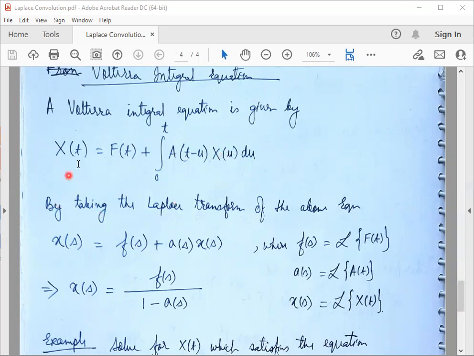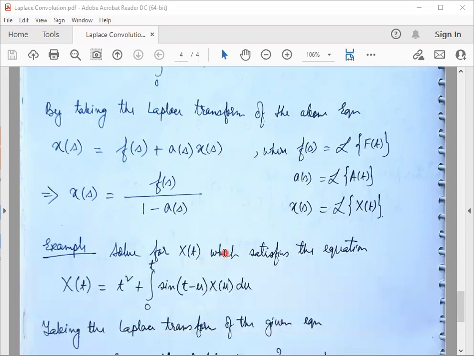So if I take the Laplace transform of both sides, the Laplace transform of capital X is small x. The Laplace transform of capital F is small f. And the Laplace transform of the convolution of two functions is nothing but the product of their Laplace transforms. So the Laplace transform of A multiplied by the Laplace transform of X.